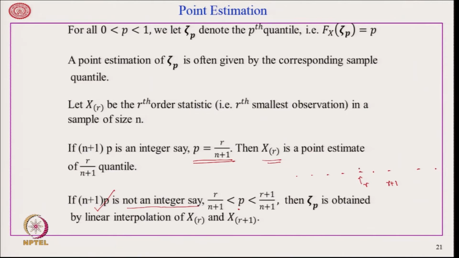Then we have to do a linear interpolation of these two observed values to get the estimate of zeta p.